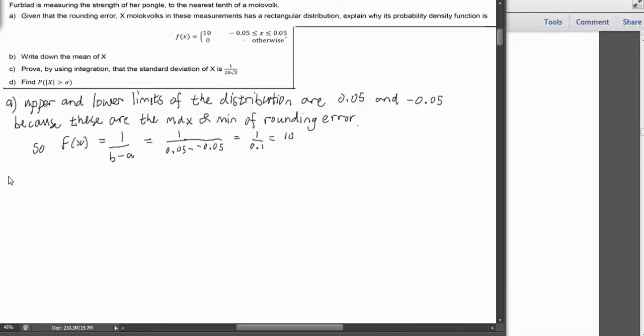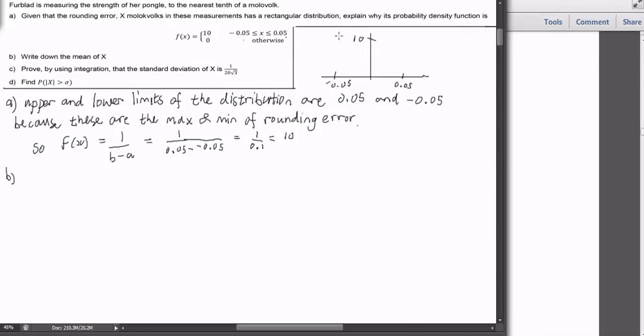Part B asks us to write down the mean of x. Well, I'm just going to draw the probability distribution. I'm just going to draw it up here. I've got a little space. So the probability distribution goes up to 10 from minus 0.05 to plus 0.05.